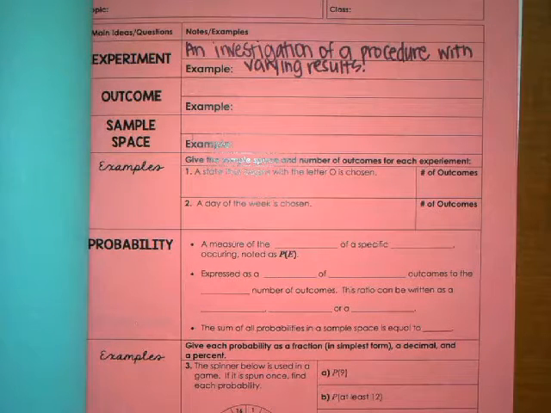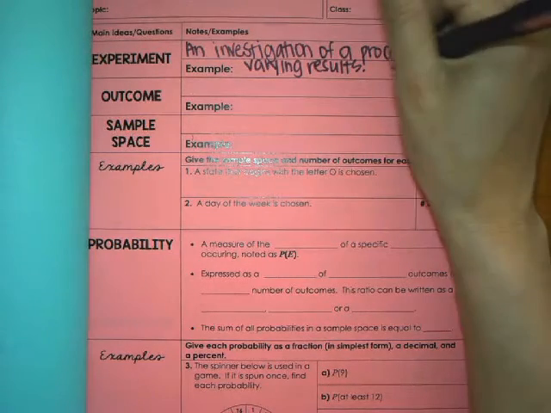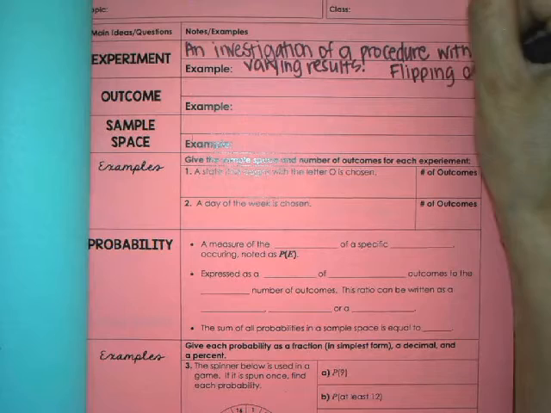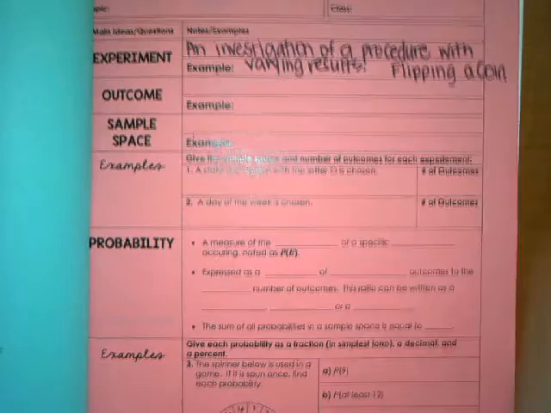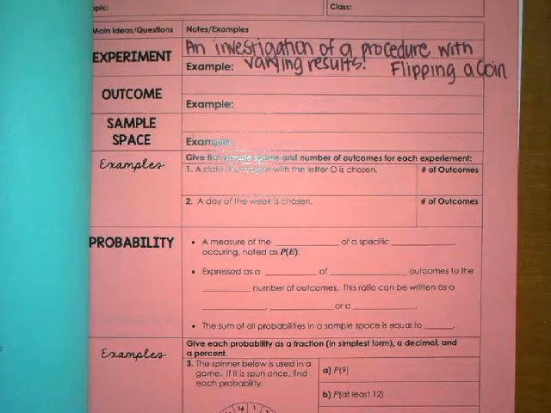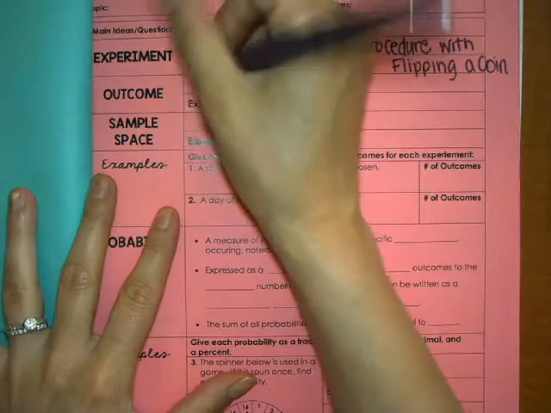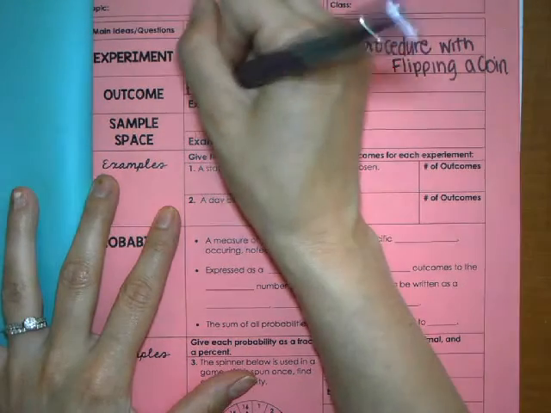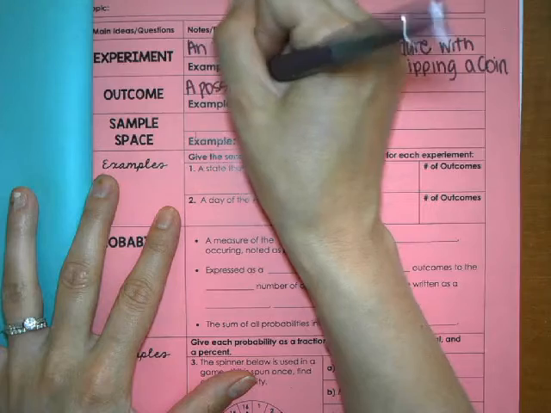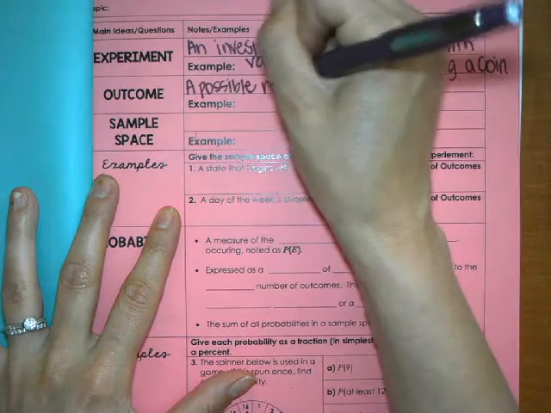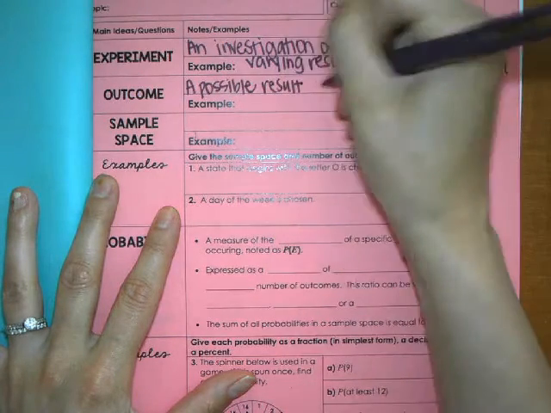One experiment that we can do with probability is flipping a coin. So that would be our experiment, is dealing with flipping of a coin. So then the outcome of that is a possible result from the experiment.